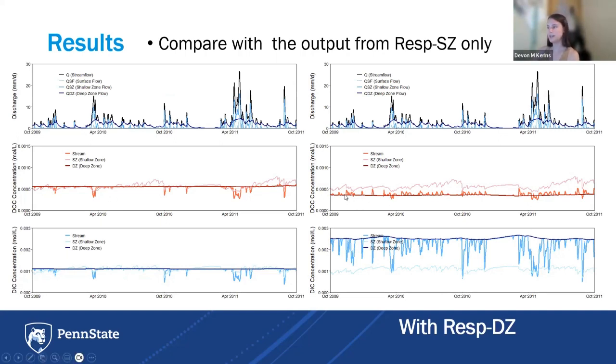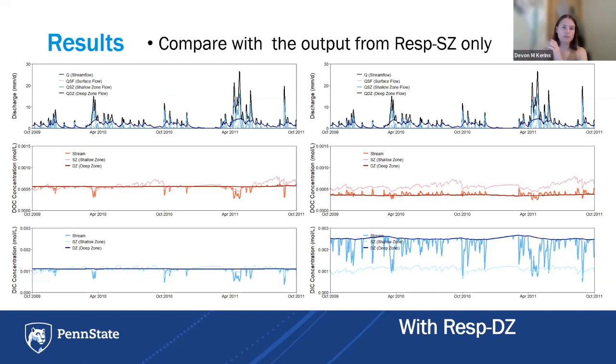So we can start to see as flow is increasing, we're getting this increase in concentration. As flow is increasing, we're getting more contribution from the shallow zone flow. And so the concentration is increasing to that shallow zone. If we didn't have this deeper zone respiration process, we wouldn't see that flushing happening as much, again, as most of the water that comes into the deep zone in a headwater stream comes from that shallow zone.